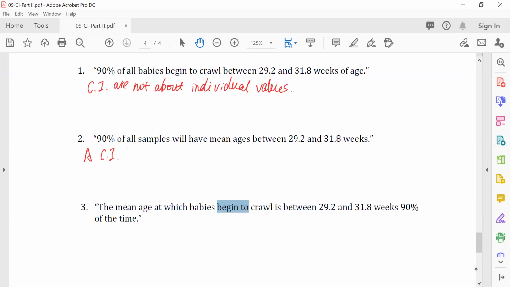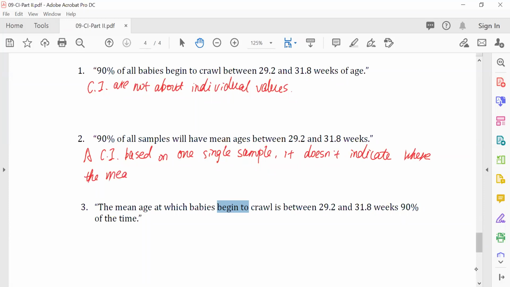A confidence interval is based on one single sample. It doesn't indicate where the means of other samples will be.